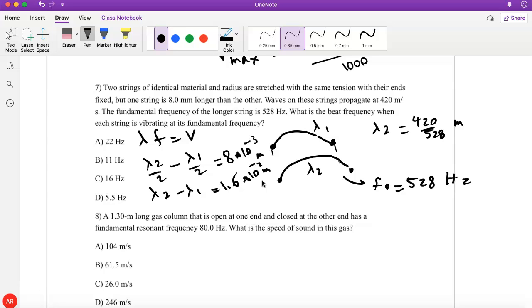And we know the wavelength of one, so we can find the wavelength of the other. So let's do that. Lambda 1 is going to be this number minus that. So it's 420 over 528 minus 1.6 times 10 to the minus 2.